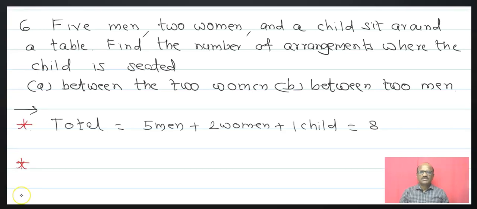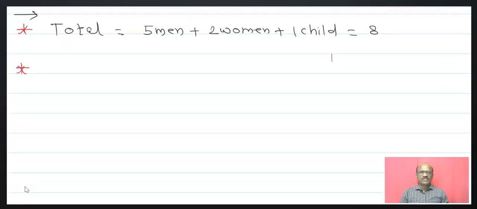Now first, the total is 5 plus 2 plus 1, that is equals to 8.